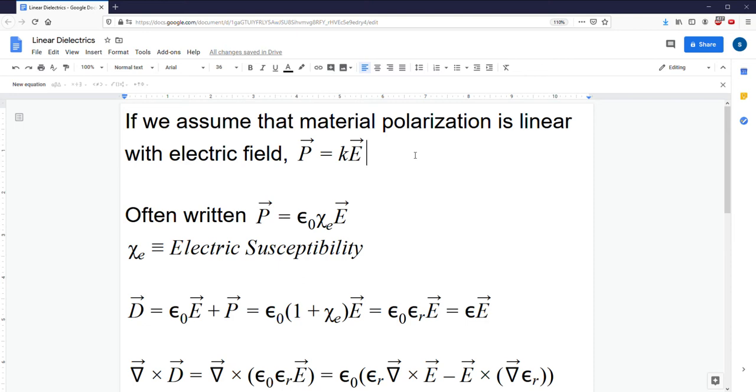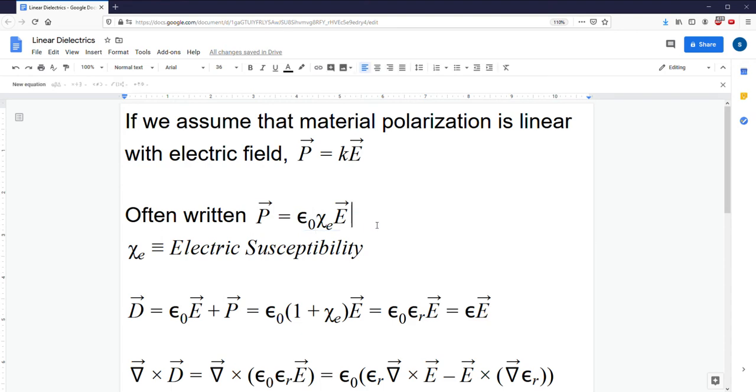Now, because of the units involved, we often see this linear relationship written like this, where the polarization is equal to the permittivity of free space times this quantity right here, called the electric susceptibility, times the electric field. Just to clarify, this letter is not X, it's the Greek letter chi.